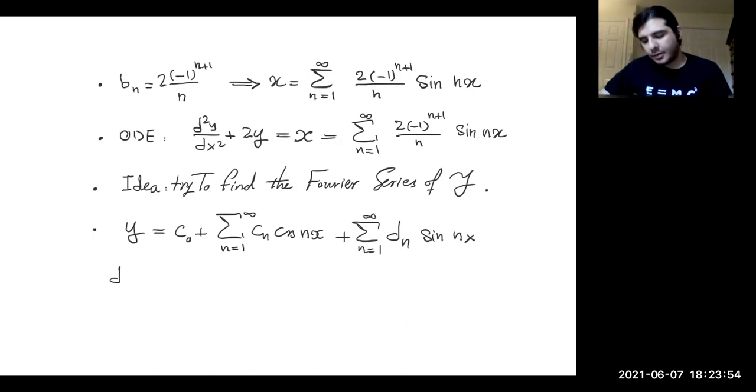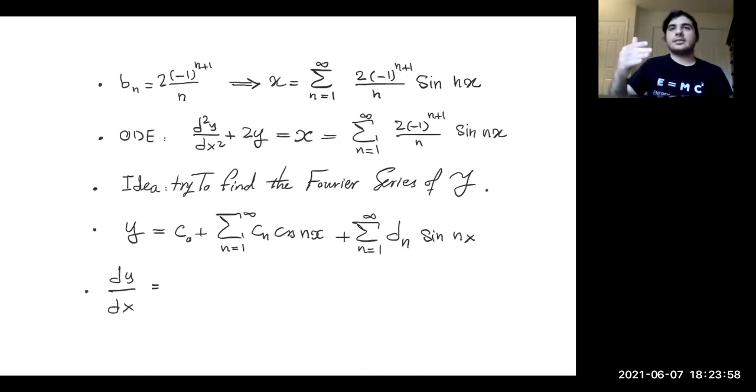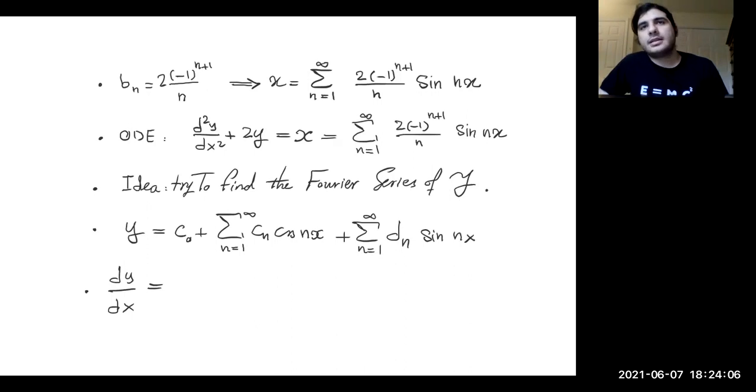Now the derivative of y with respect to x would be equal to, now if we have this description for y, remember if we have some assumption on convergence of these series, we can take the derivative term by term.